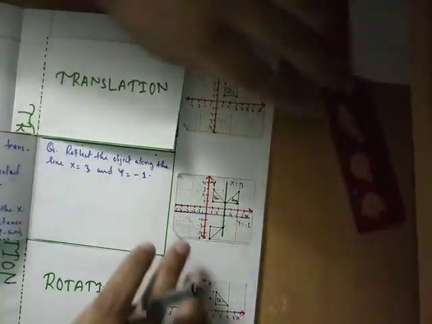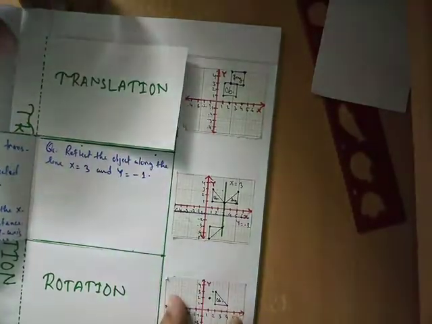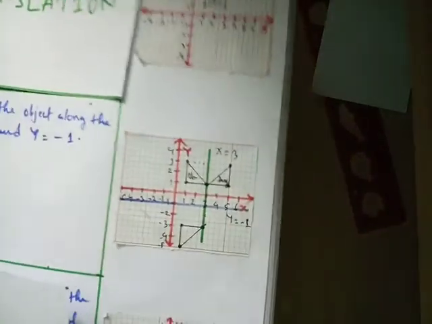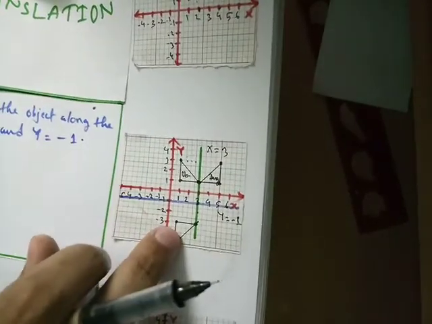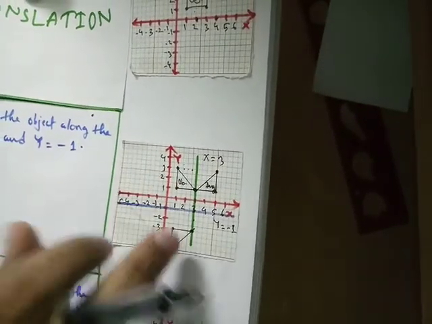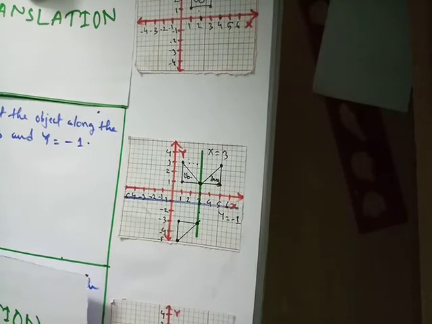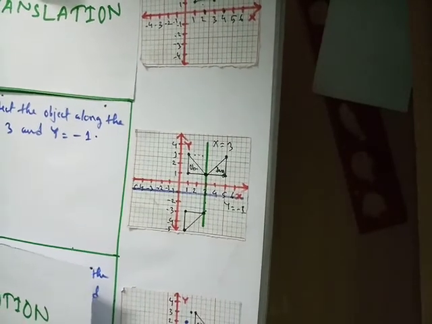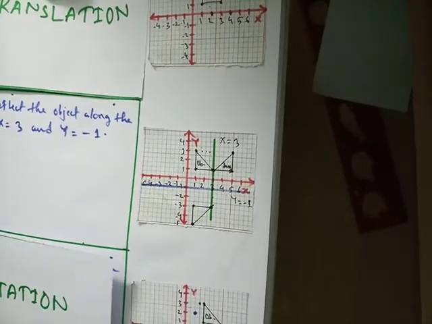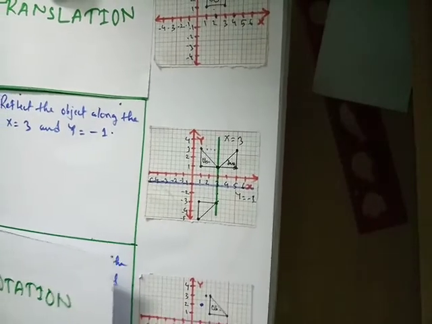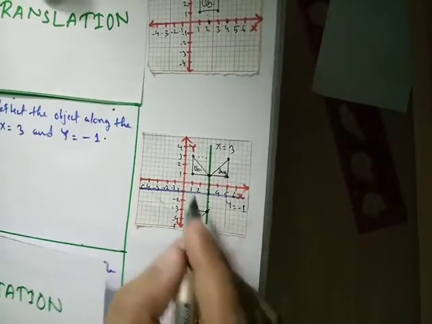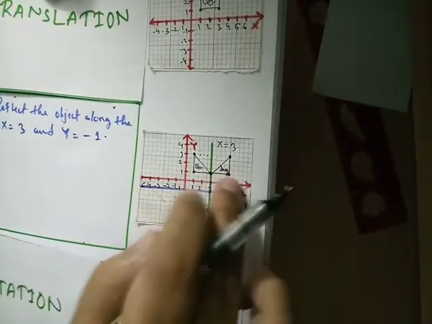So see, this is my reflected image, and it's actually flipped, just as when you stand in front of a mirror. If you're facing the mirror, the image of yourself is actually facing you. So that is how reflection is done in both cases.